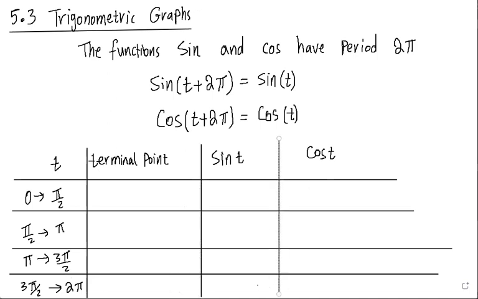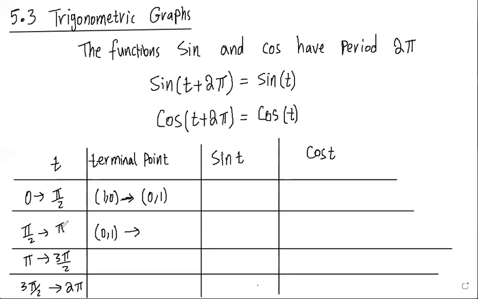The terminal point for 0 is 1, 0. The terminal point for pi over 2 is 0, 1. This is from the previous section.